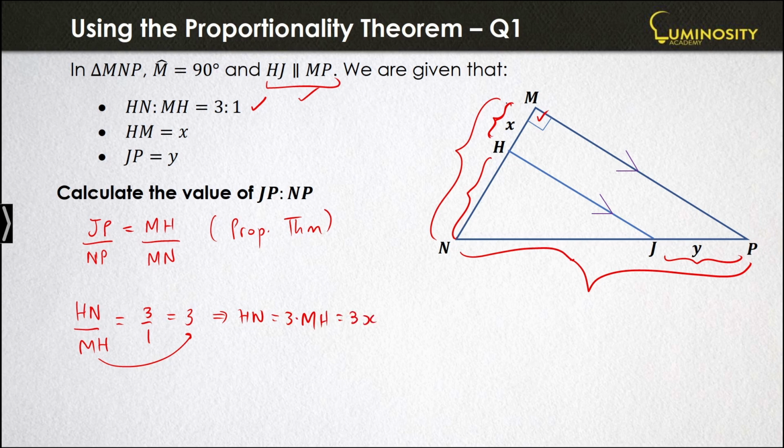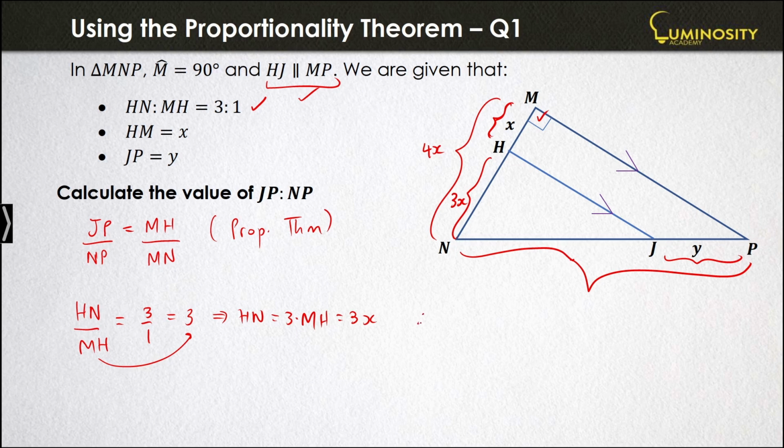So therefore, this length HN, the bigger one here, is 3X. Therefore, this total distance of MN is 3x plus x, which is 4x.